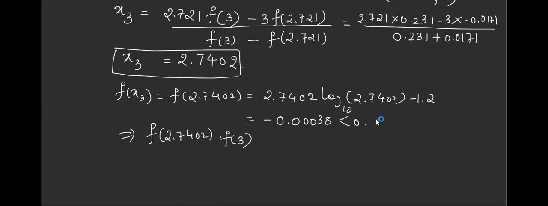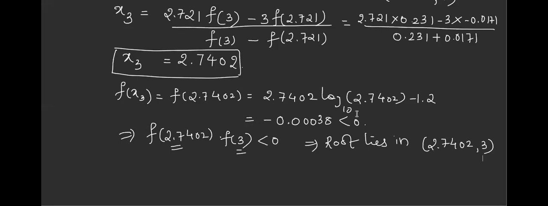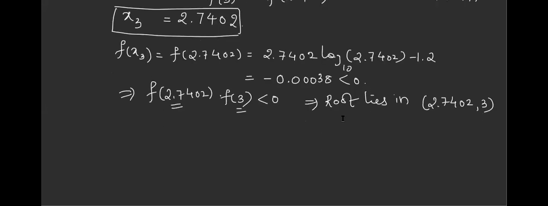If you take the product of these two, this is less than 0, because this is negative and that is positive, so obviously negative. So this implies the root lies between this point and this point, 2.7402 comma 3.